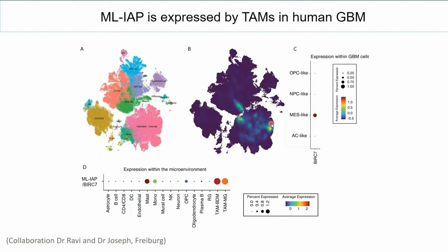Then we wanted to know which inhibitor of apoptosis could be involved in this phenomenon, because our treatment, this Smac mimetic, could antagonize 4 different inhibitor of apoptosis proteins.